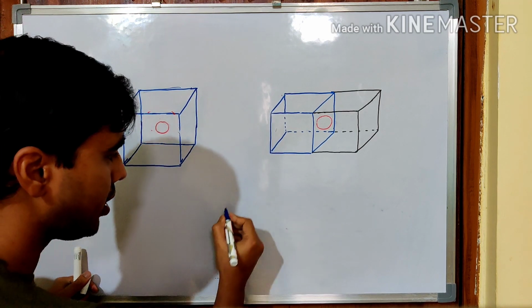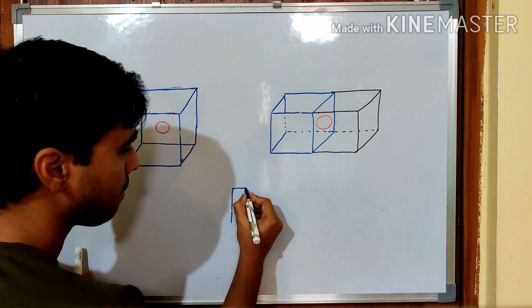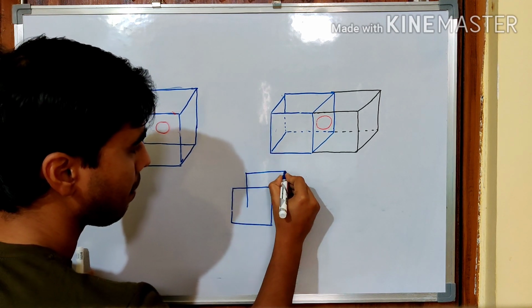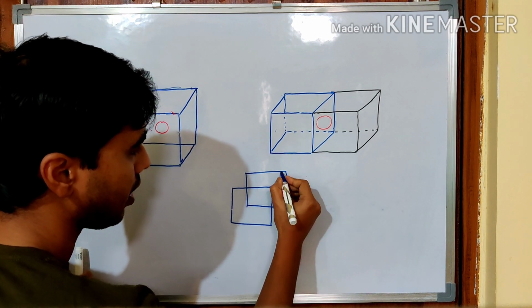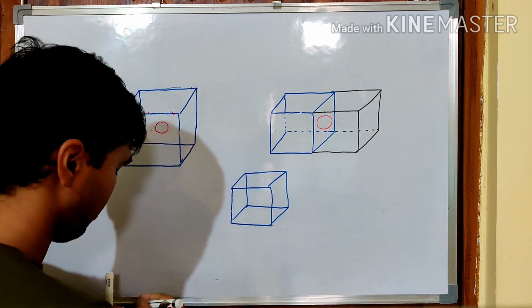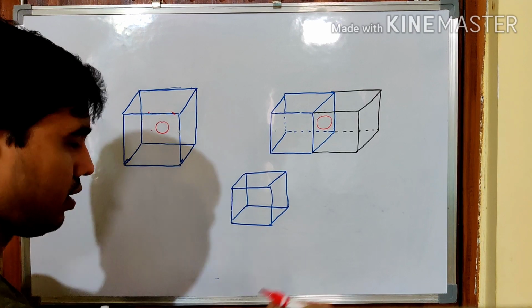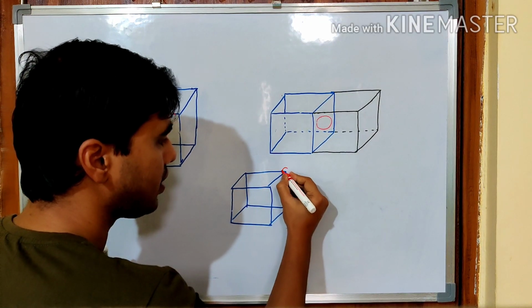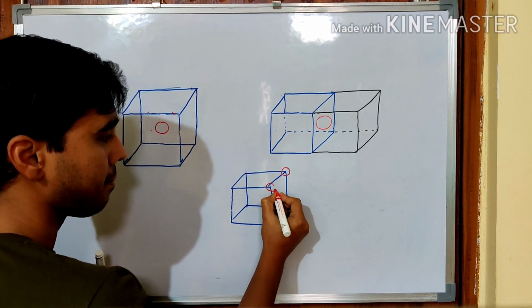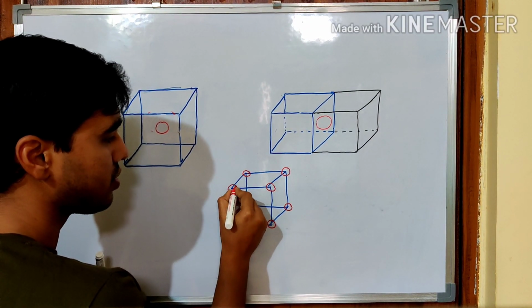So if you can remember, for any body centered atom, roughly how it is going to look like, just to recall. In the last day's video, we have seen that the atoms will be here, means in all the corners.